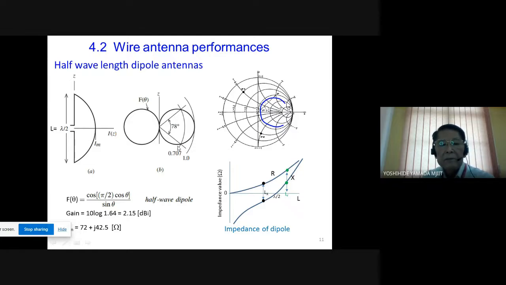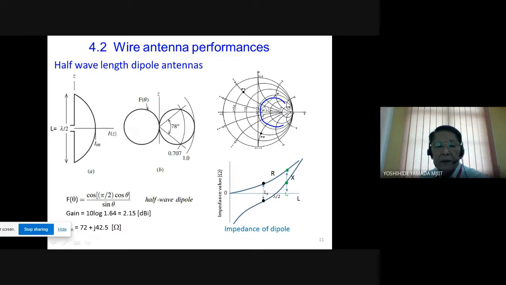The half power beam width is almost 80 degrees, very wide. And the antenna gain is 2.15 dBi, and the input impedance is 72 plus j42.5 ohm. This impedance is shown in this Smith chart. The locus becomes like this one.